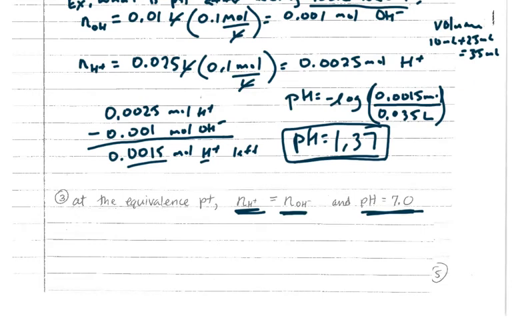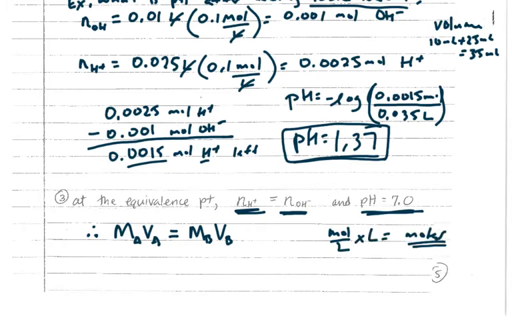All right, the equation for this, we could write in another way, that the molarity, or the concentration of the acid times the volume of the acid equals the concentration of the base times the volume of the base. Because concentration, moles per liter, times volume equals moles.